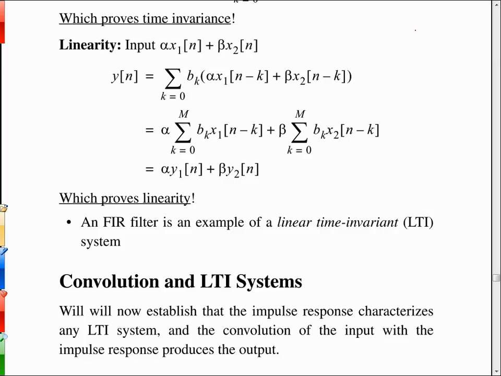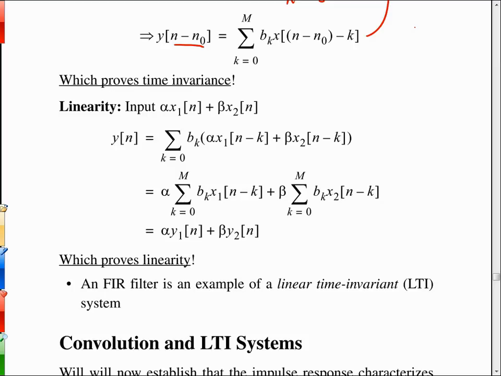Okay, what about linearity for the FIR filter? The linearity proof just works the exact same way. We go and look at the definition, and we'll get y of n first. Y of n means we're going to apply at the input the composite.